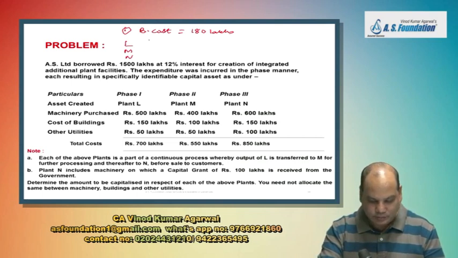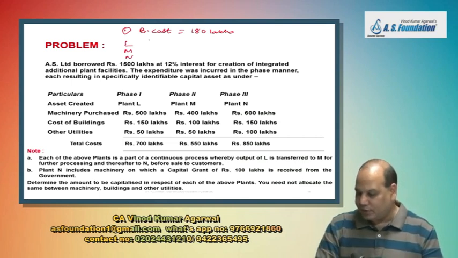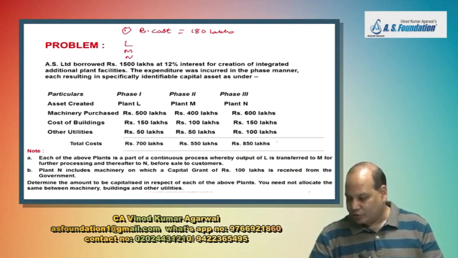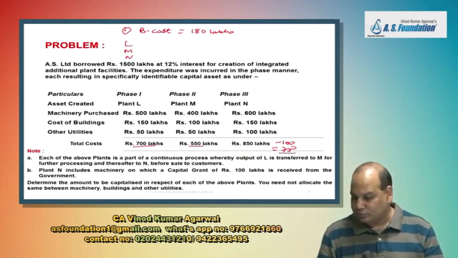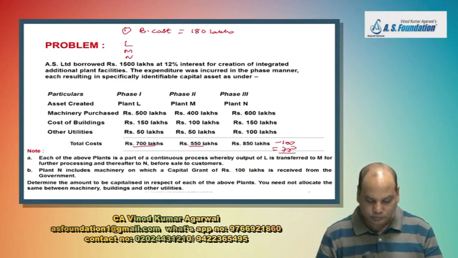Total will be 700 plus 550 plus 750. 700 plus 550 plus 750 is how much? 2000. So 700 divided by 2000 into 180 is how much?